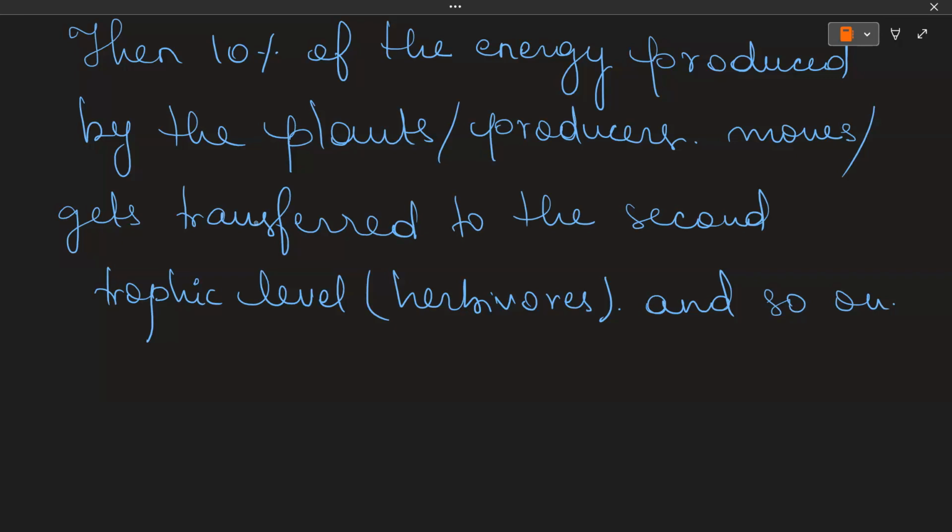No, I'm not saying that. I'm just saying that in a particular food chain or food web, all those organisms that are not eaten by any other organism are known as the top carnivores. Got it? Clear? Yes, ma'am.